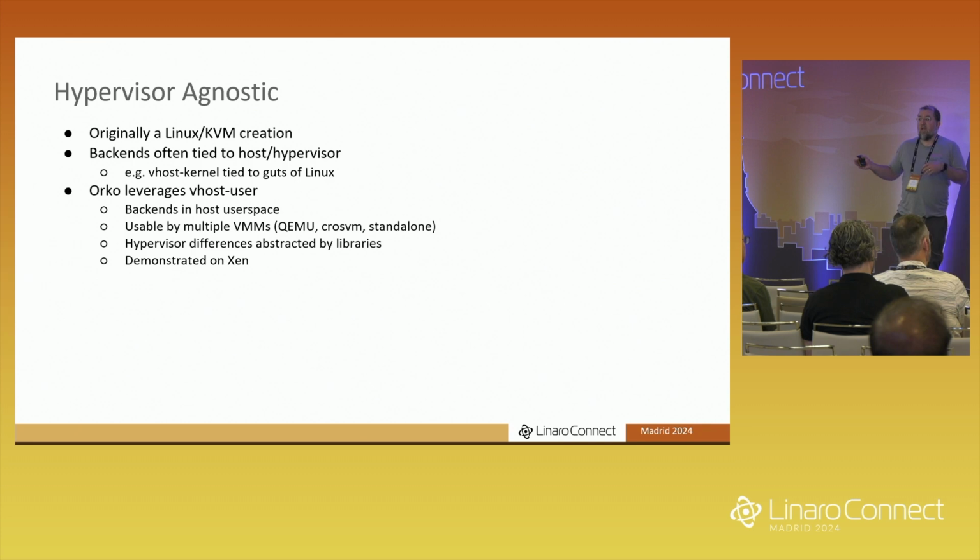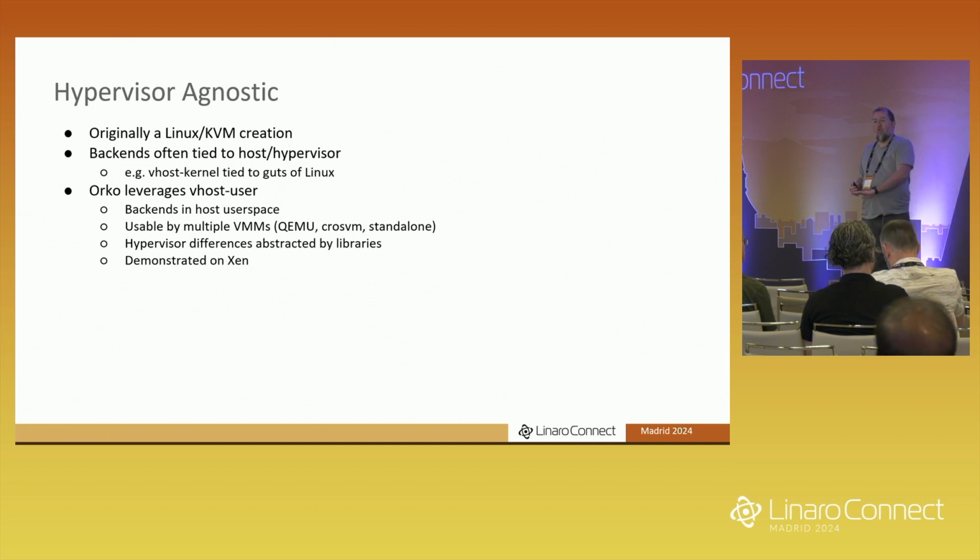And in the Xen case, you can run them standalone with a little program to manage the creation of them. And we abstract the hypervisor differences in the library level. So the drivers, the device implementations themselves are not aware of what hypervisor they're running on. They're just aware of the virtqueue messages coming in and out, and all the differences of how the hypervisors deal with sharing memory is abstracted away by the library.